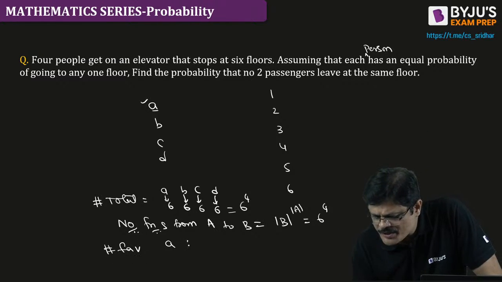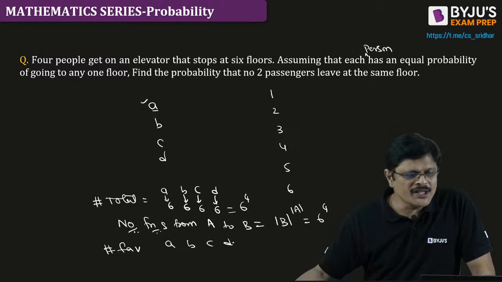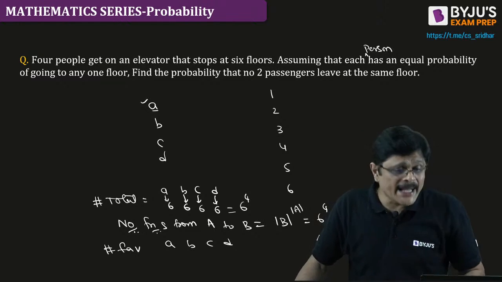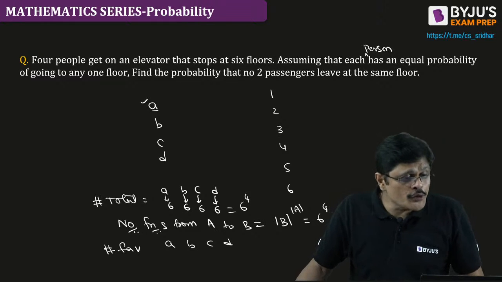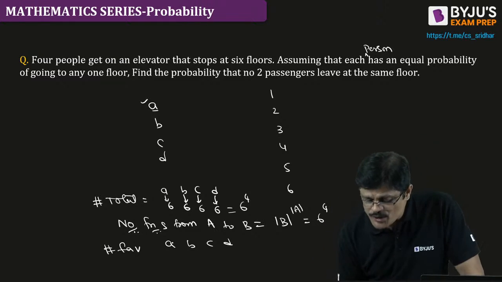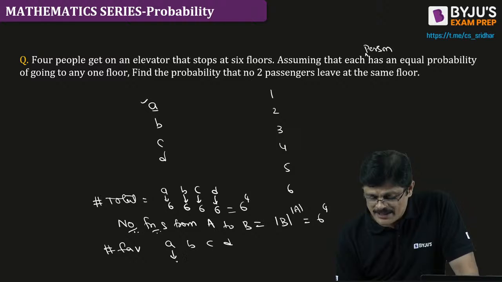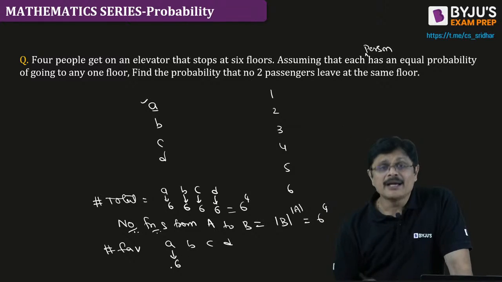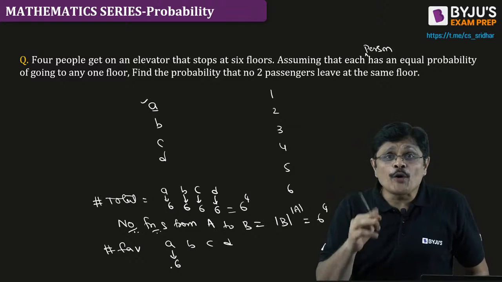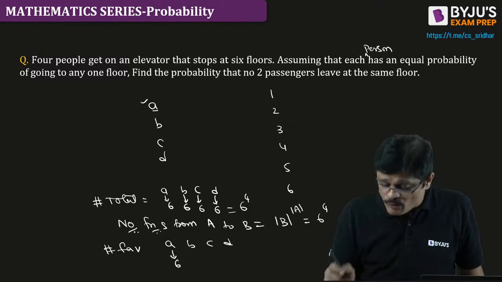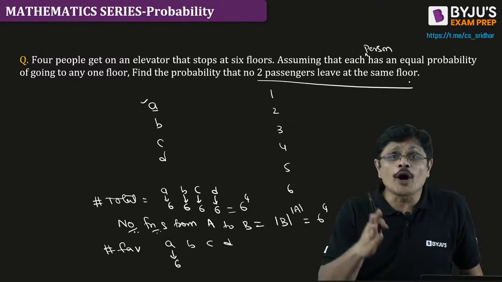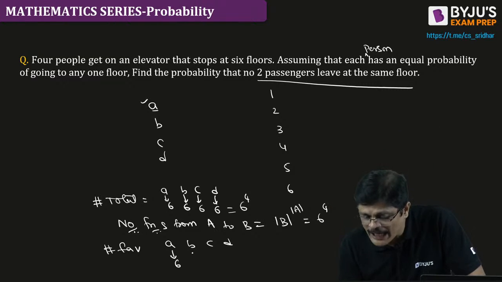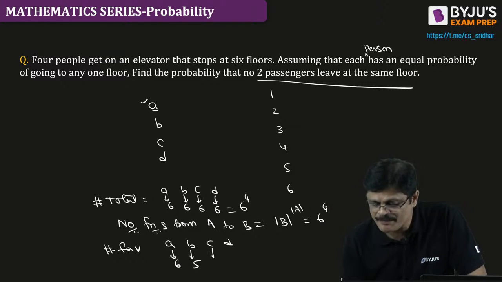What is the favorable situation? No two fellows should drop at the same floor. Suppose the first fellow has 6 choices. Given that, the second fellow will have only 5 choices, because they should drop at different floors.